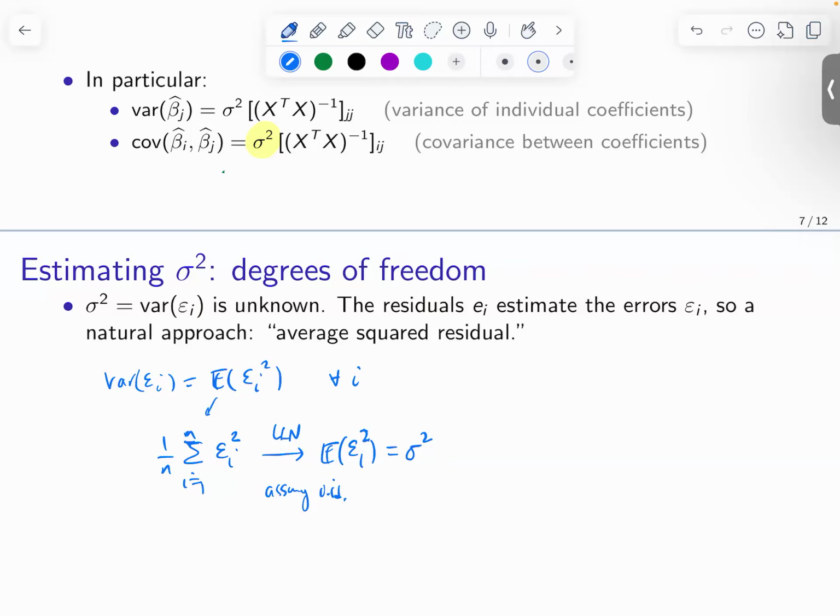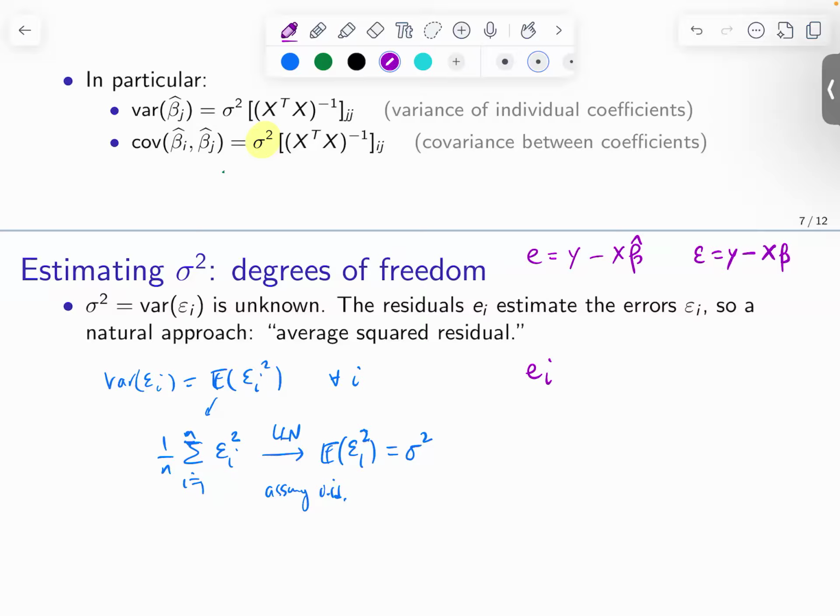However, I have a surrogate for epsilon i's. What do we have in place of epsilon i's? We have the residuals. I have the vector E, which is y minus X beta hat. The epsilon is y minus X beta, the true beta, which I don't know.